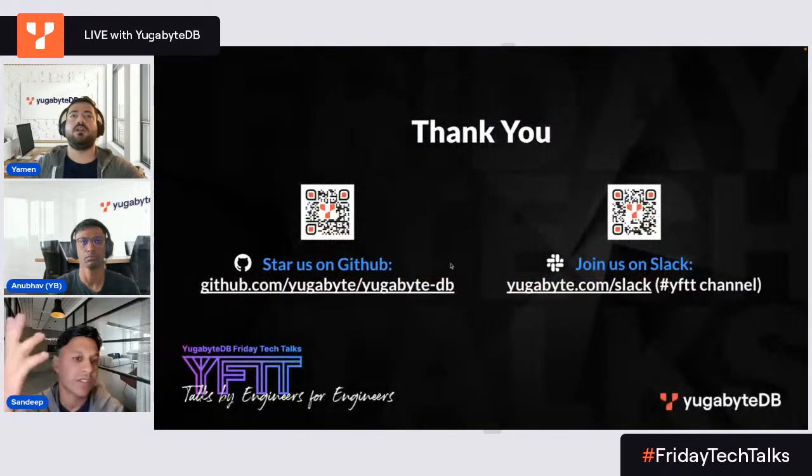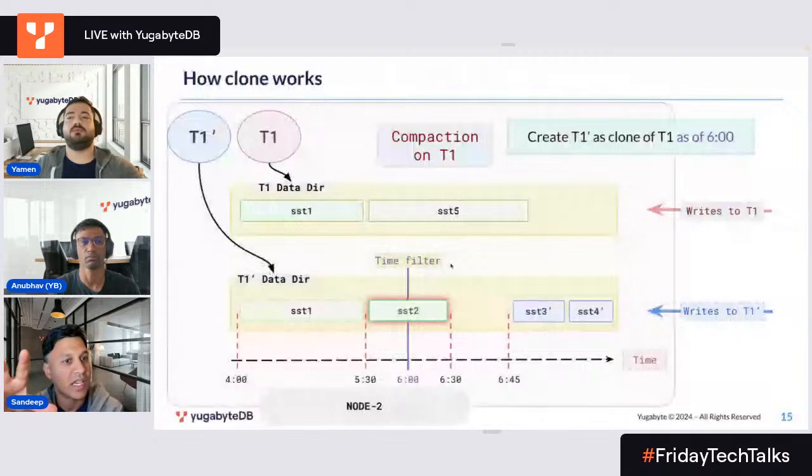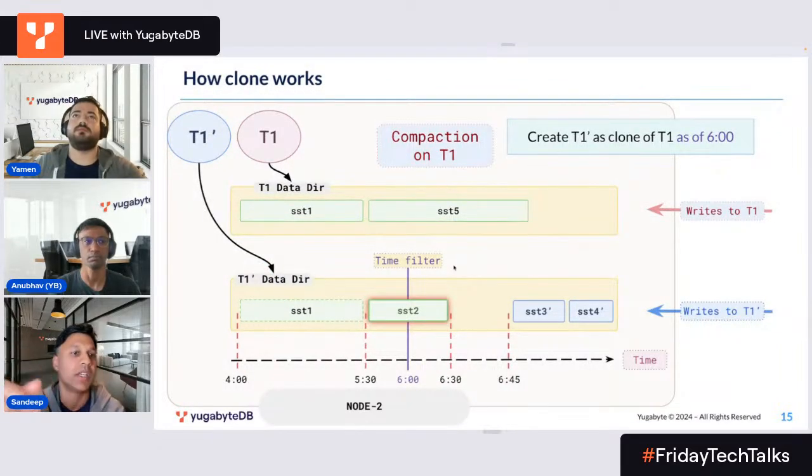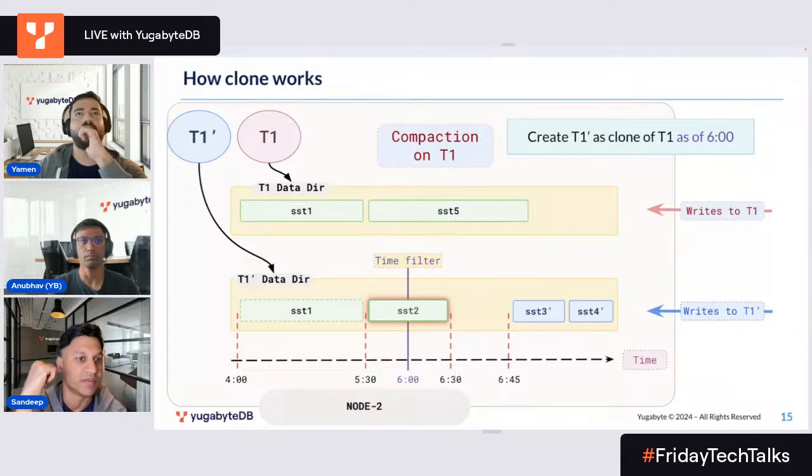So is it fair to say that when a clone is created, there is no copy involved, but subsequently, if compactions happen, then depending on what files are impacted by compaction, you're consuming a little more space than just 0? Exactly. Yes.